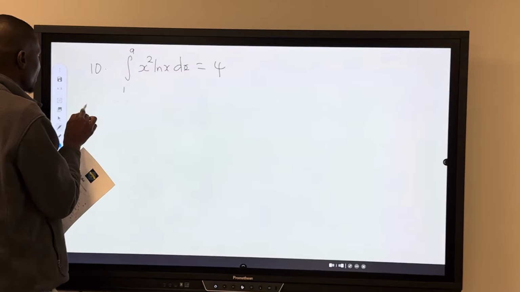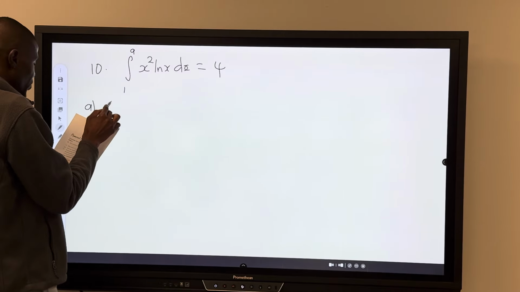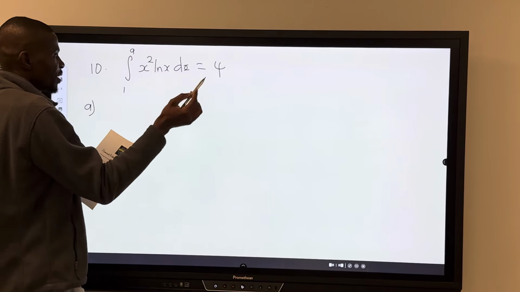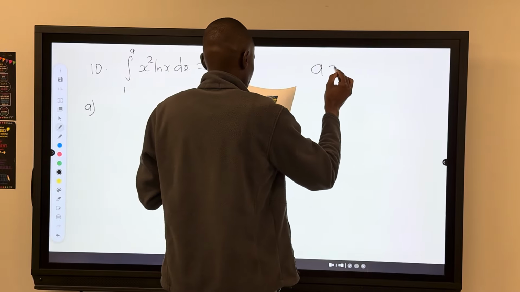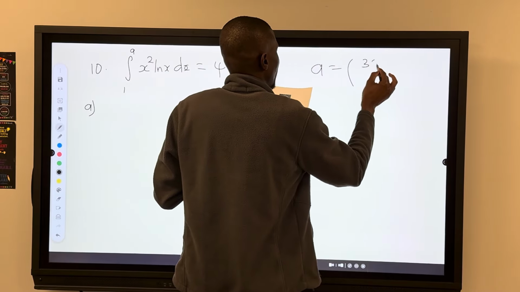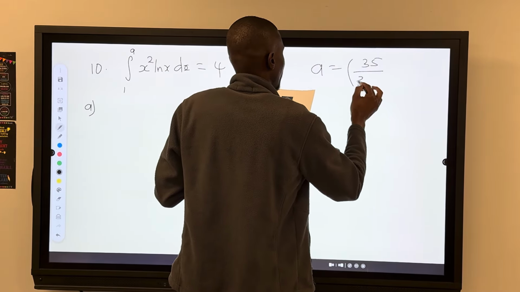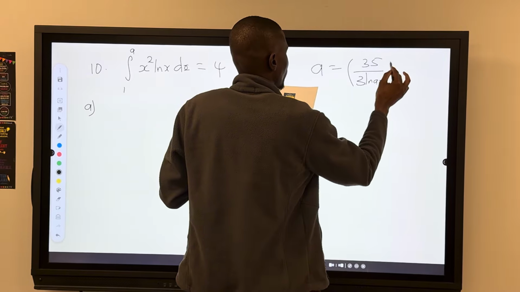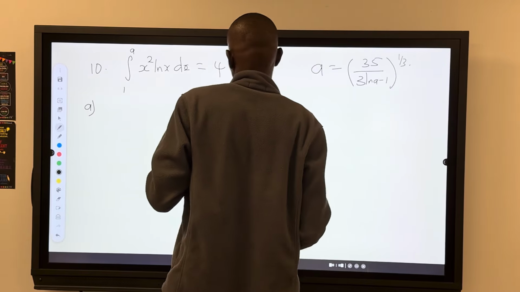On part A, we need to show that a equals (35 over 3 natural log of a minus 1) to the power of a third.